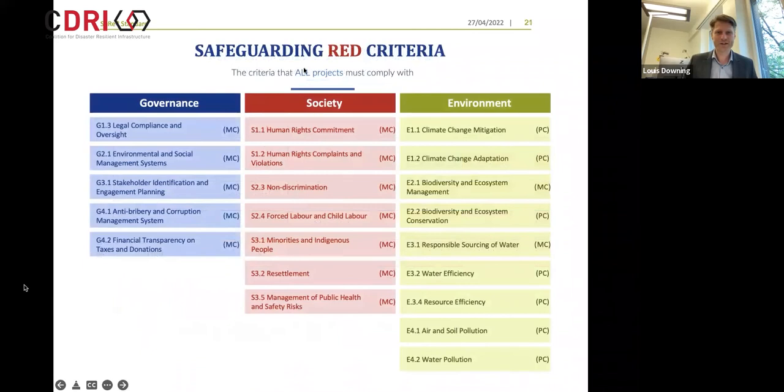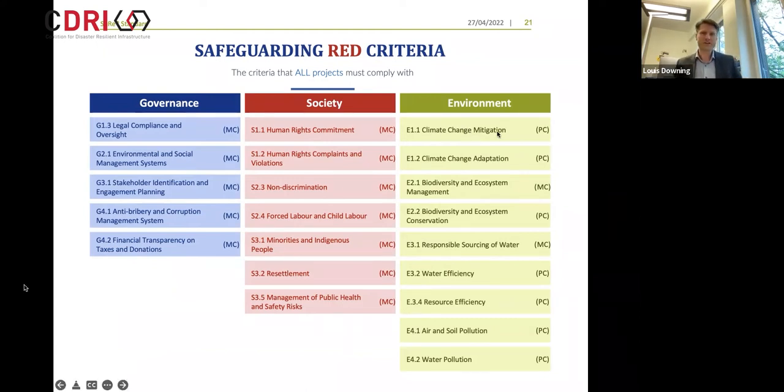So that's good. The safeguarding red criteria are these ones on the screen here. So you can see this came out of a multi-stakeholder process, just defining which are the no-goes in terms of infrastructure. What do we really need to be safeguarding?